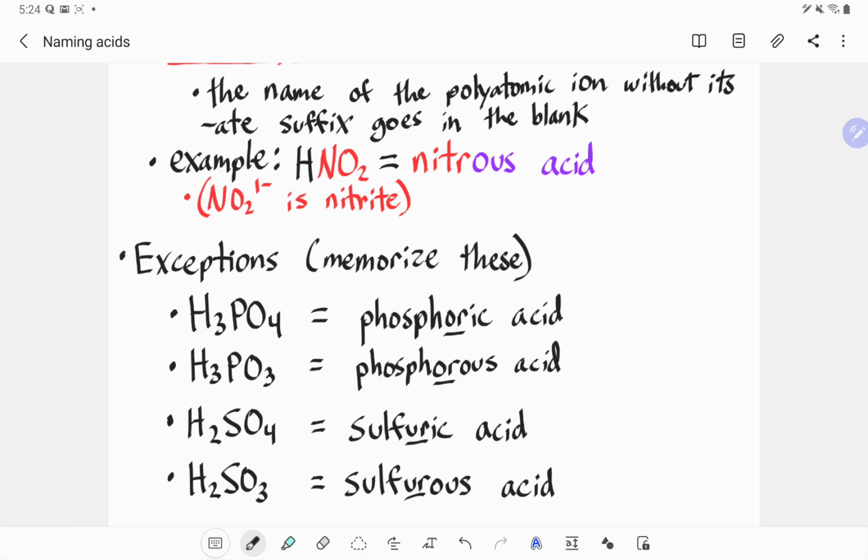So H3PO4, let's identify what the polyatomic ion is. We have PO4. So PO4 with a -3 charge is phosphate. Let's just go through all these. PO3 with a -3 charge is phosphite.